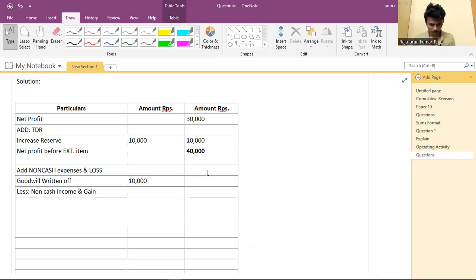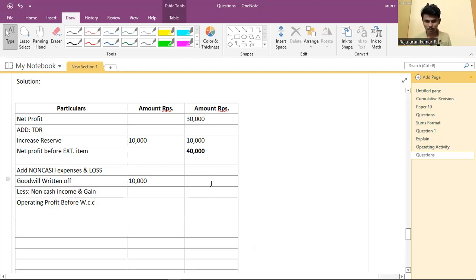That is operating profit before working capital changes. There is no non-cash income and gain.